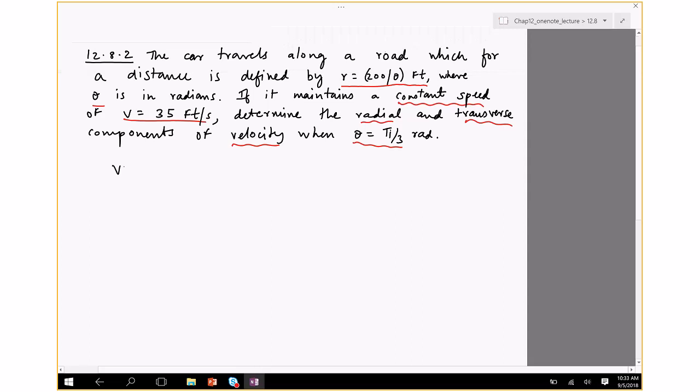V is V_R U_R plus V_theta U_theta, but that is R dot U_R plus R theta dot U_theta. So we're asked to find this quantity and this quantity. So we need to find R dot and theta dot, right?